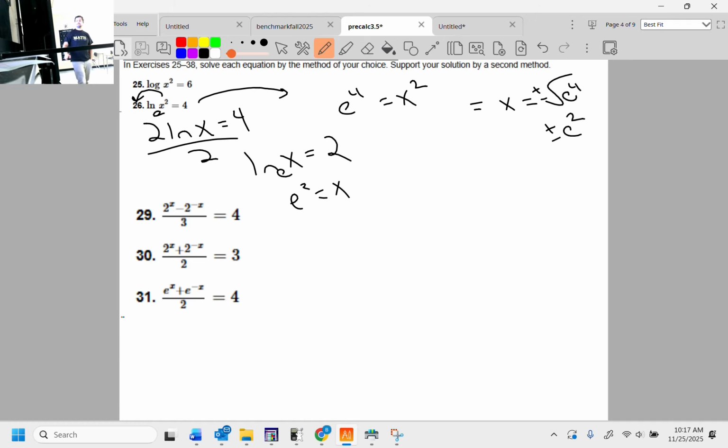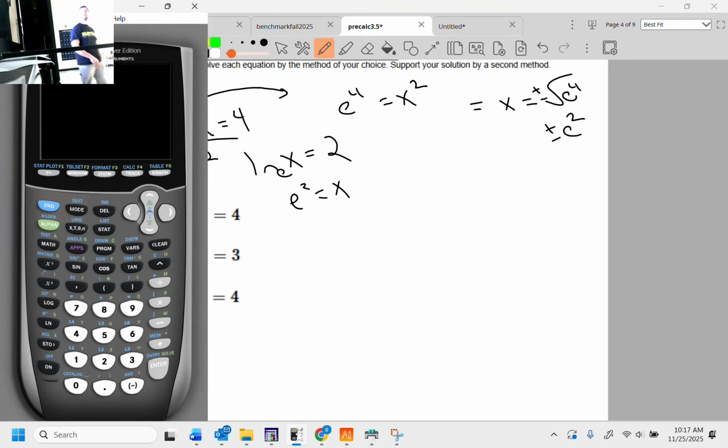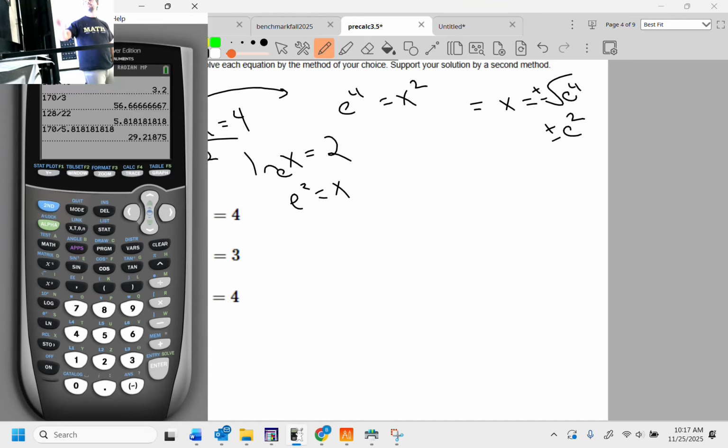So this brings up a question. Should we be doing this, the first technique? Are we throwing an answer away? I don't think the calculator can handle exponents right. The old ones couldn't.